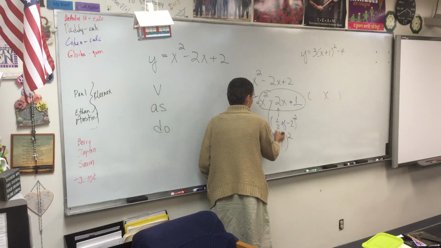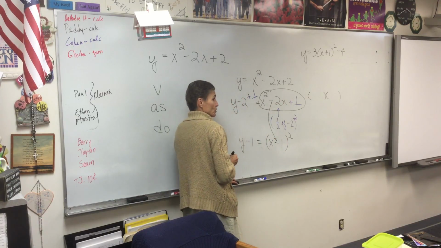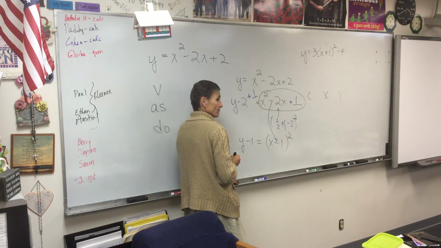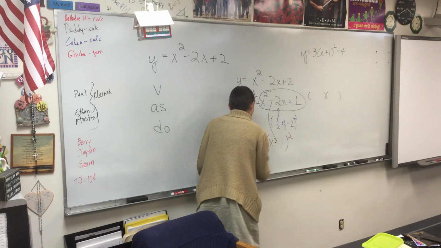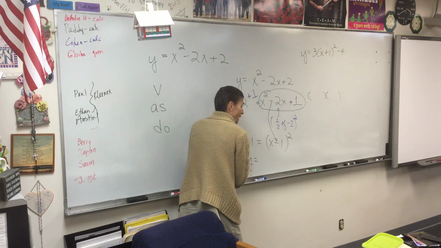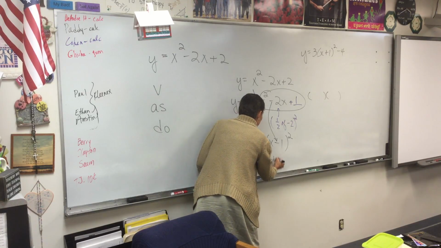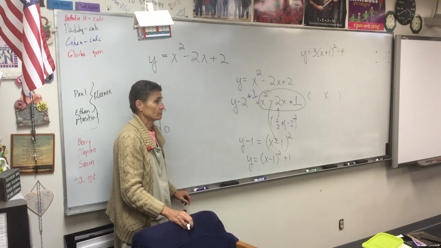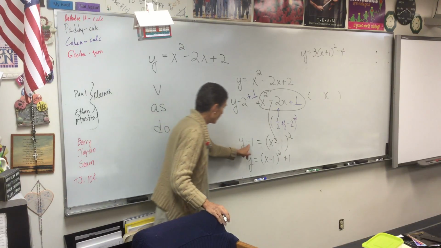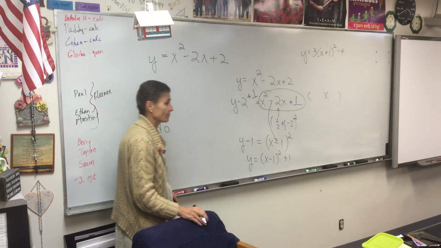This sign will always match that sign. If that helps you, it's x minus 1 squared. Now I'm going to add my 1 back over so that y is by itself. So y equals x minus 1 squared plus 1. I added this 1 back over to the other side.